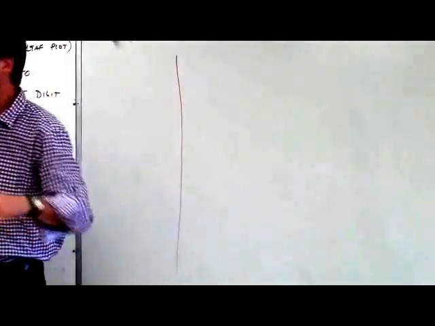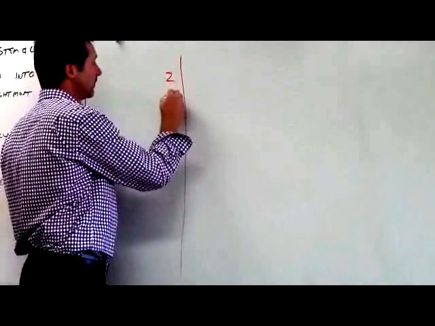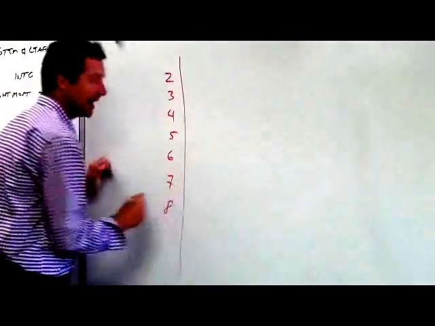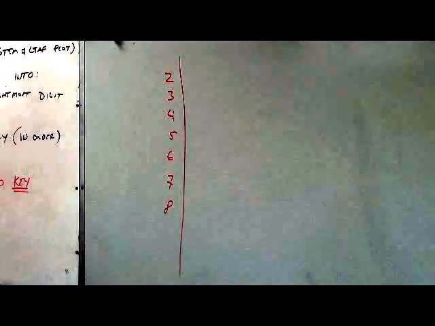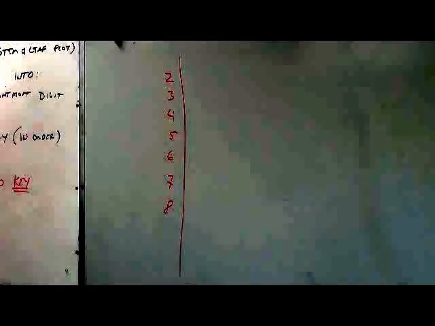So our stems are going to go from 2 to 8. So you write those: 2, 3, 4, 5, 6, 7, 8. Now we've written our stems in order. And now we're going to put all the leaves in. The leaves are all the different last digits we have from those test grades.